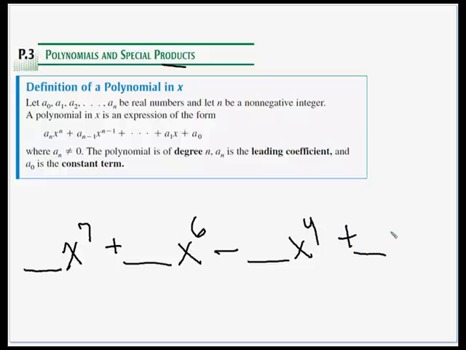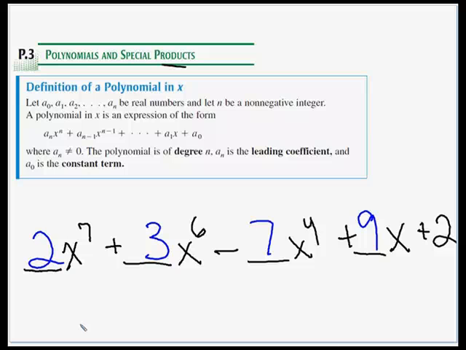And then plus some number x to the first power, and then plus 2. And again, I left those blanks. Those are just coefficients. You can plug in a 2, a 3, a 7, a 9. It doesn't matter. The big idea, it's written in descending order. We have our x to the highest power first, x to the next power lower, and lower, all the way down to the constant. That is a polynomial in the variable x.